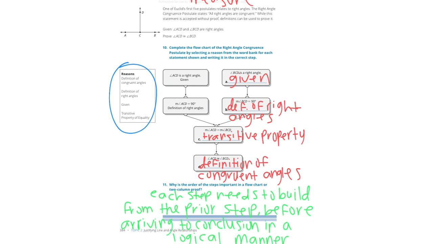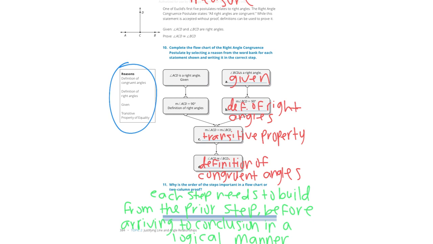Now, the measurement of angle ACD is equal to the measurement of angle BCD. Since they're both 90, they're equal to each other, right? And that is because of the transitive property. Remember, the transitive property states that, for example, 5 is equal to 5. It's pretty obvious. 3 is equal to 3.